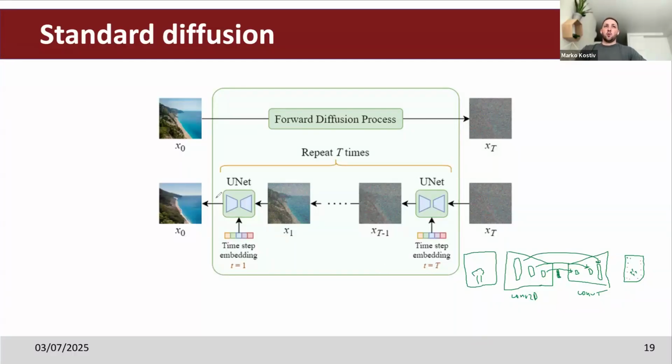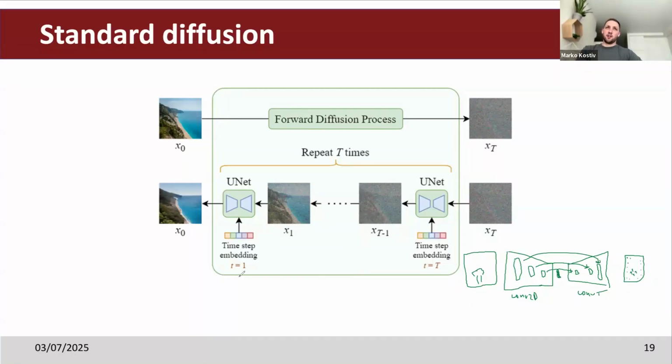So what was introduced in the original diffusion papers, we add the UNet as this denoising process. Instead of finding the semantic segmentation map, we were actually predicting the noise that we want to subtract from an image. And we were repeating this n times, right? So 1, 2, 3, 4, 5. We got to like 50 or 1,000, depending on your scheduler, and you were constructing back the image.